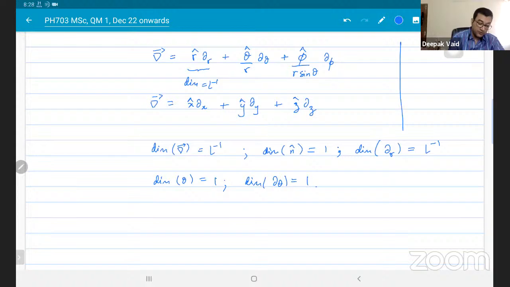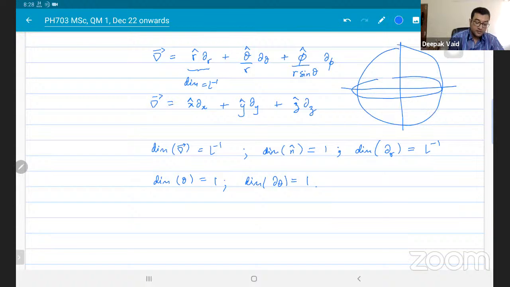Because if you look at spherical harmonics, as you go up and down, what are you doing?